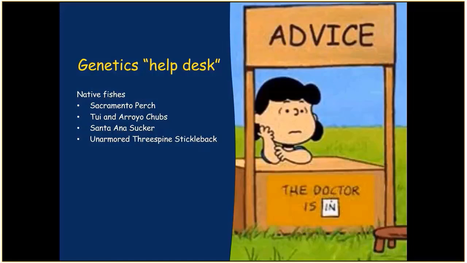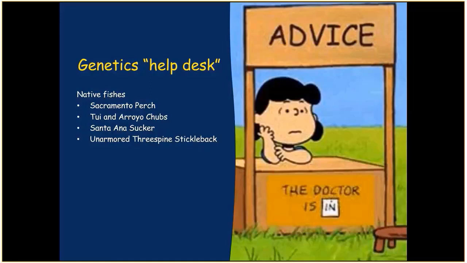For instance, Sacramento perch is our only native centrarchid in our state. UC Davis has done quite a bit of genetics work on that species, so we have a pretty good database now of how the different population units are related to each other. We're using that to try to develop a plan, through Fish Branch, going with the regions, about the best way to manage Sacramento perch going forward.